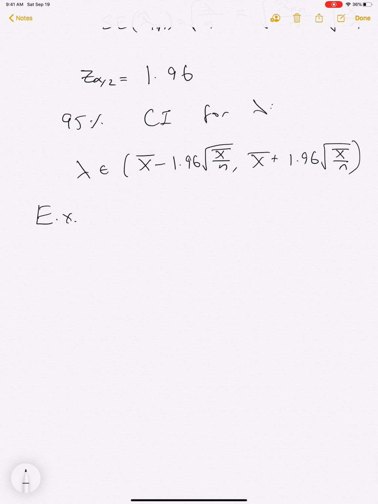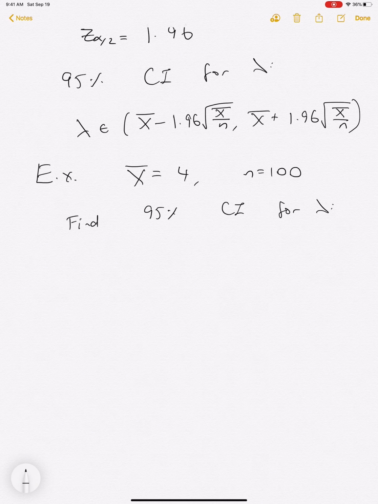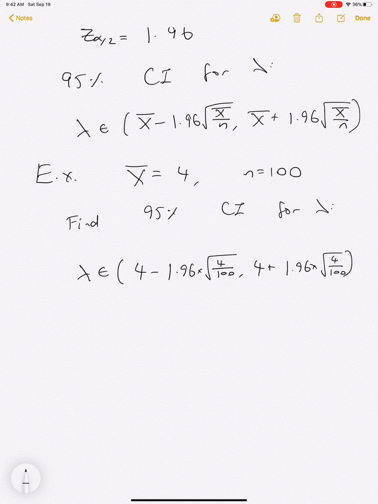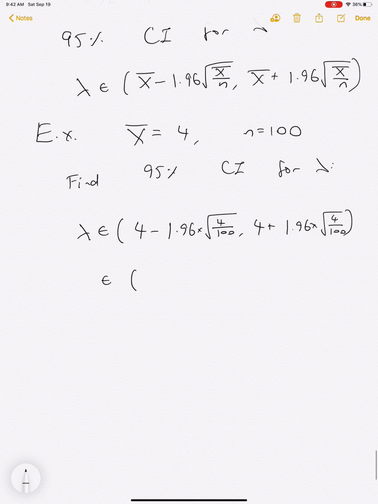If we consider an example where x bar is equal to 4 and n equals 100, if we want to find a 95% confidence interval for lambda, we get that... Okay, and so when you do the calculations, you should roughly get 3.8 to 4.2.